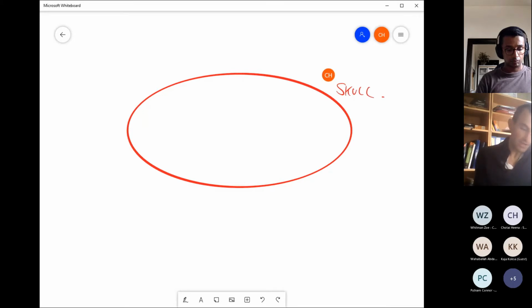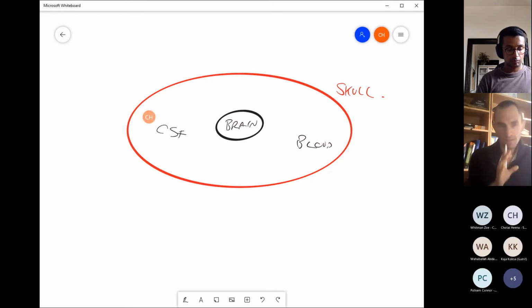And you've got your brain in there, of course, as well, which is sitting here. So the brain sits in the middle of the skull there. But you've got a few other things here. So you've got blood and CSF. And the things that determine the pressure within that box, within that skull, are the inflow to that skull.